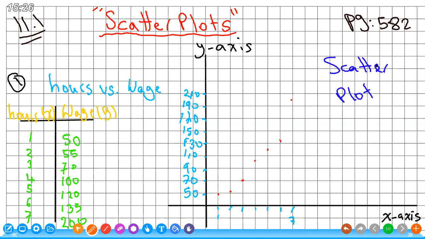Before I start the second part, now we need to learn and understand how can we interpret these kind of graphs. How can I know what I mean by this kind of graph? If you go to page 583, there is a full explanation of what I'm going to explain.